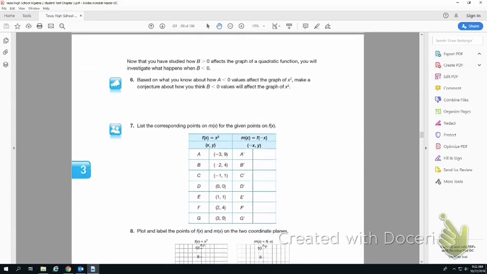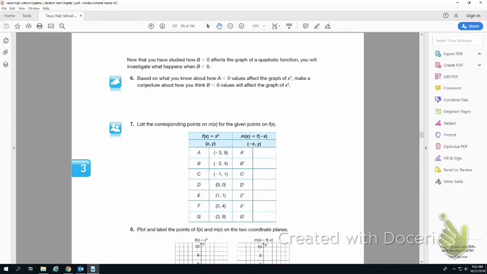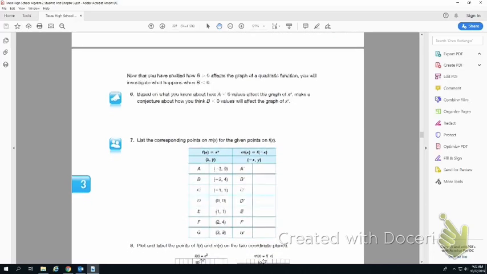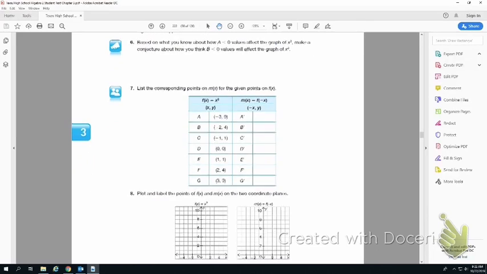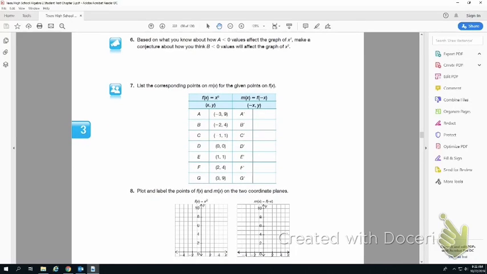Okay, so going to the next page. Up there it says, now we talked about what B does whenever it's positive, let's talk about what it does whenever it's negative. Referring back to last class, whenever A was negative, what did it do? Reflected over the x-axis.